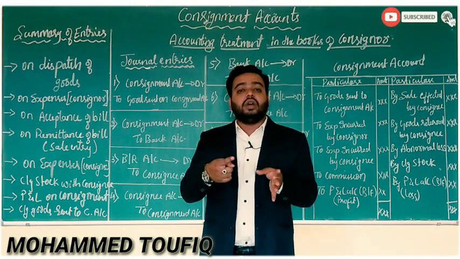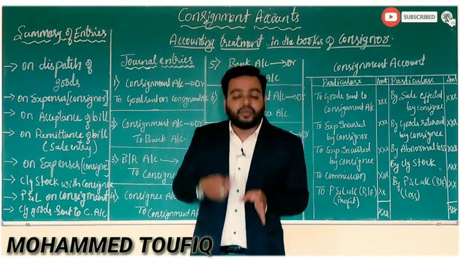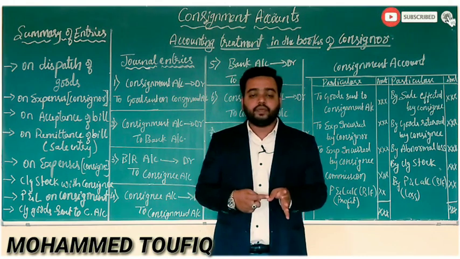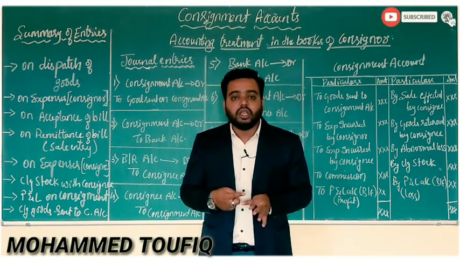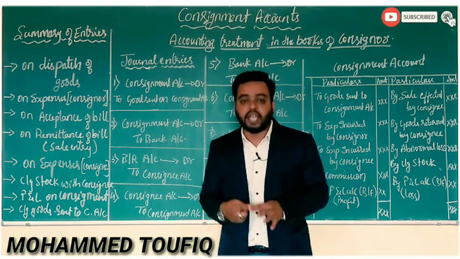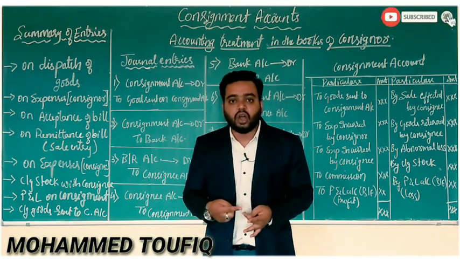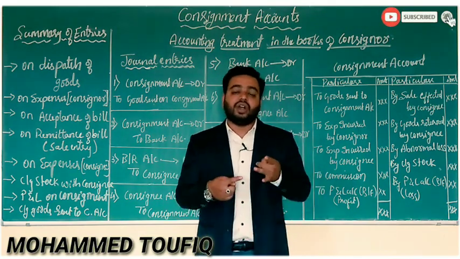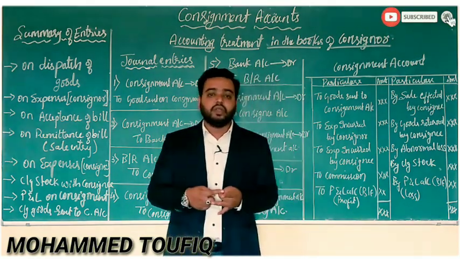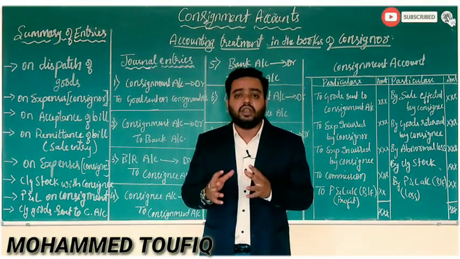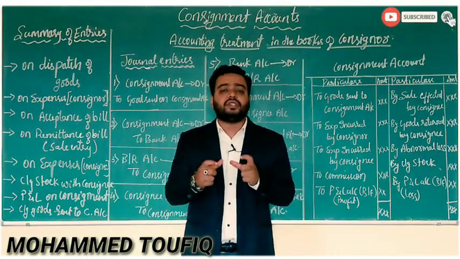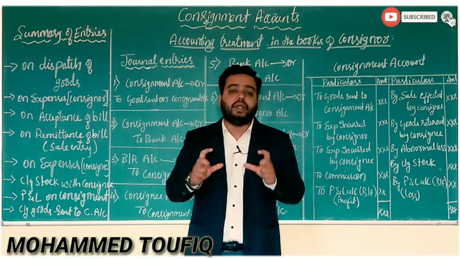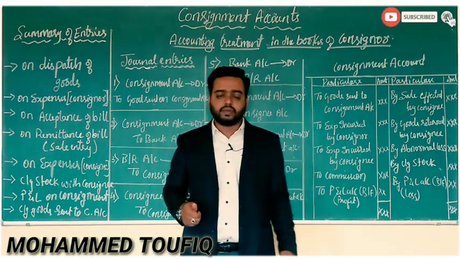You will record the profit or loss on consignment, the sale made by the consignee, and the closing stock with the consignee. So there are certain general things which you will find in consignment agreements.